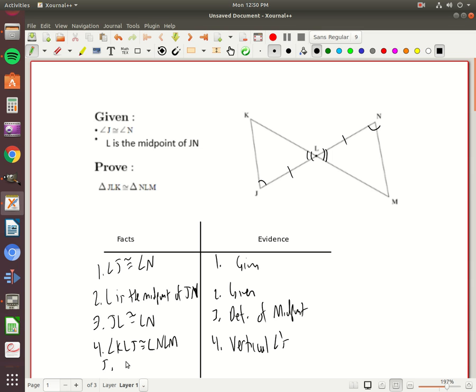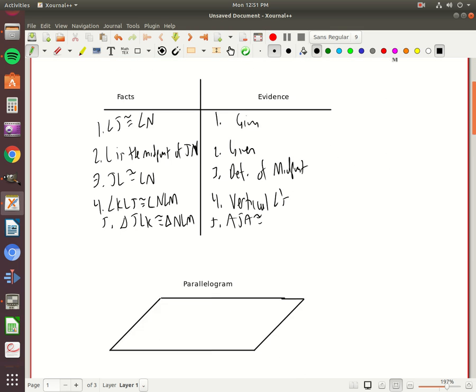And then finally, I can say triangle JLK is congruent to triangle NLM. So the J and the N matches up, the L and the L matches up, and the K and the M matches up. And I would say that is true because of angle side angle congruence. So hopefully you're able to do that proof on your own.